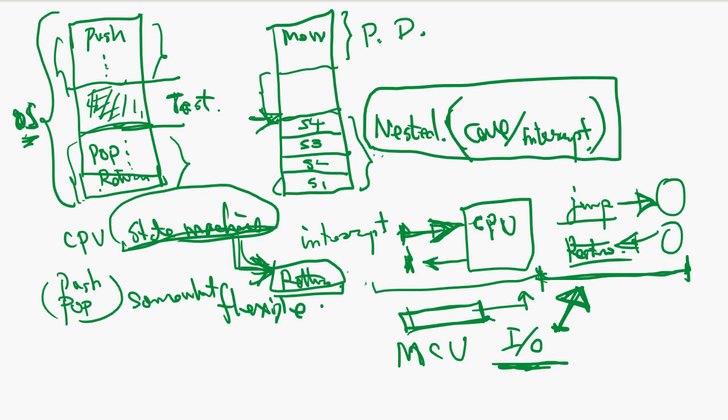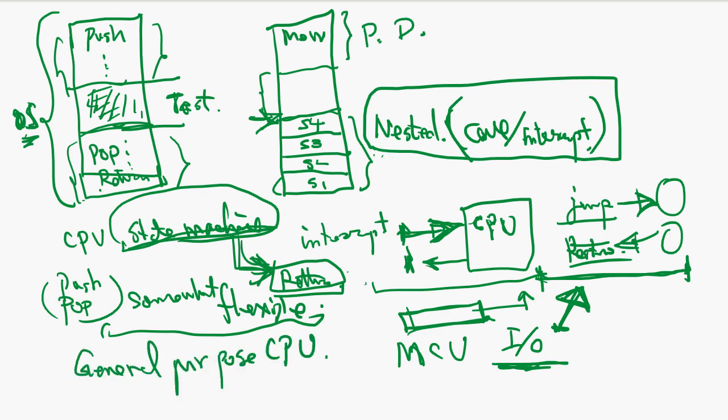Now, this flexibility is required for a general purpose CPU. Okay, so depending on the CPU design, the interrupt architecture is different.